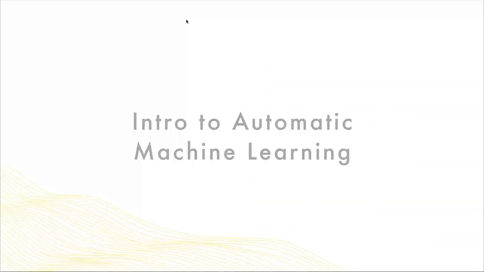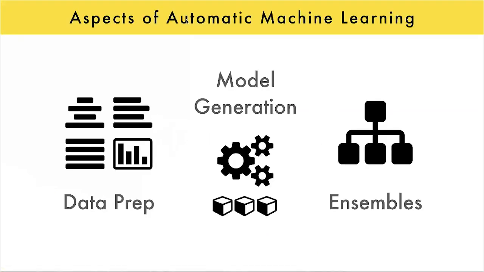So let's talk a little bit about automatic machine learning and what that means. Of course, this is just my interpretation. This is a broad term, so I try to divide it up into different tasks.